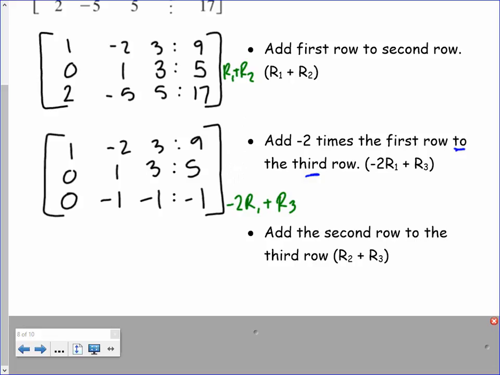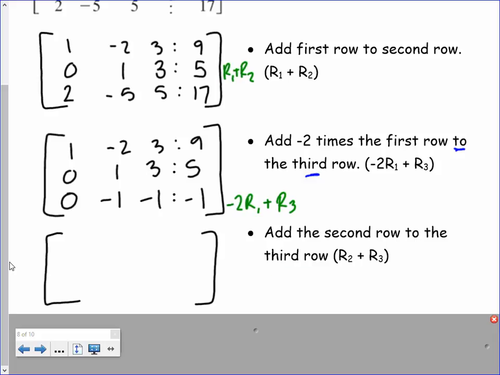Okay, so add the second row to the third row. And again, we're doing it to the third row. So first row, second row, we're leaving alone. 1, negative 2, 3, 9. 0, 1, 3, 5. I'm only changing the third row.